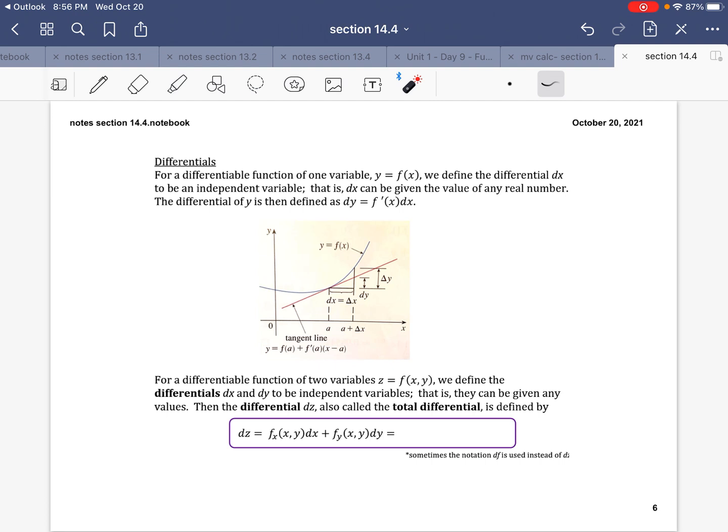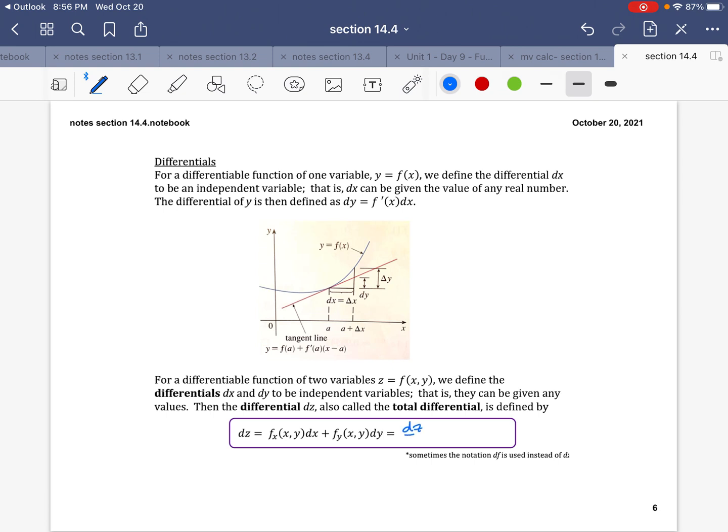All right, so really you don't need to get that necessarily, but here is what our formula is going to be. So dz, when we have three variables, is going to be fx of (x, y) times dx plus fy of (x, y) times dy. So we're going to abbreviate that.